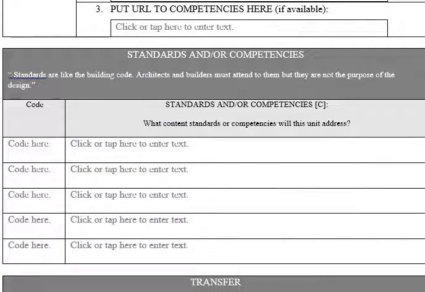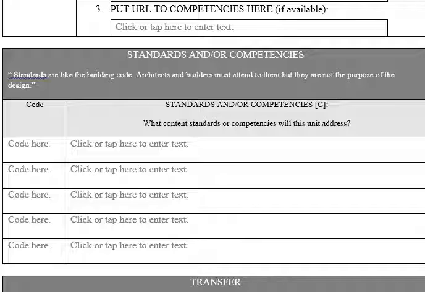And standards and or competencies, a very important section here. I think this section could really be considered the building blocks for your course or for your unit. What is everything based on? What are the standards?